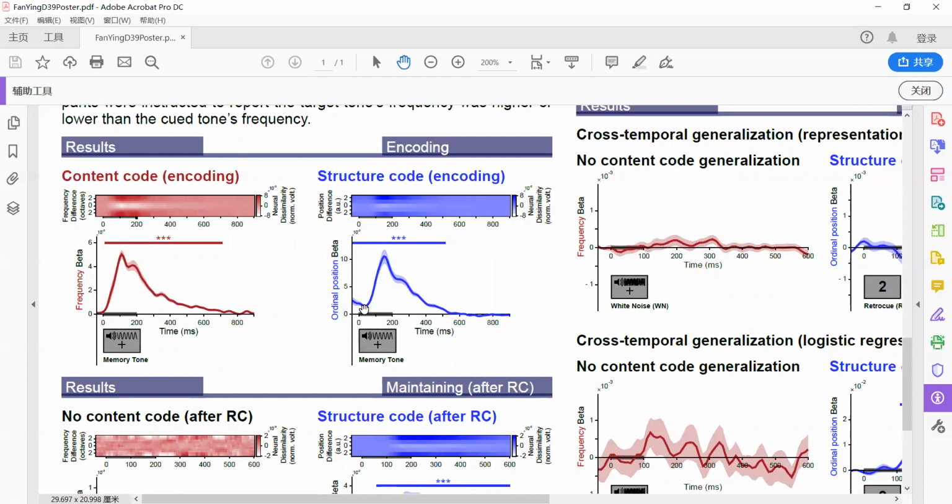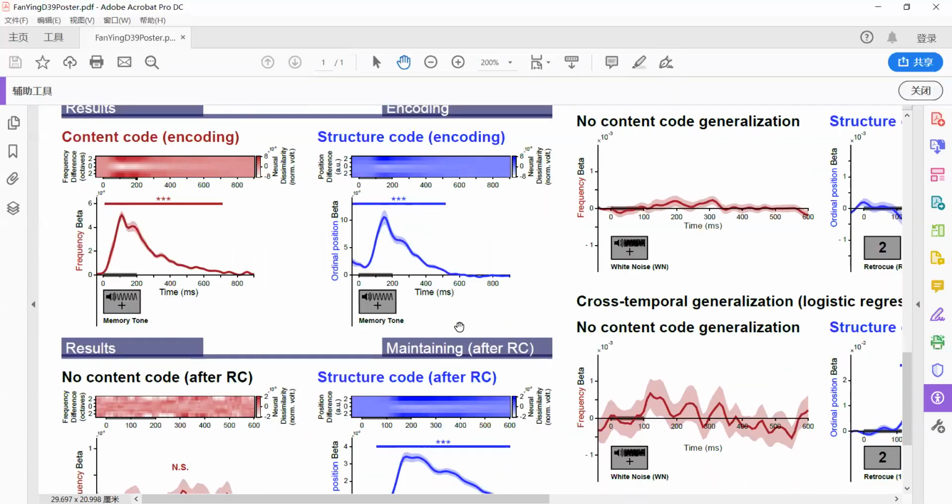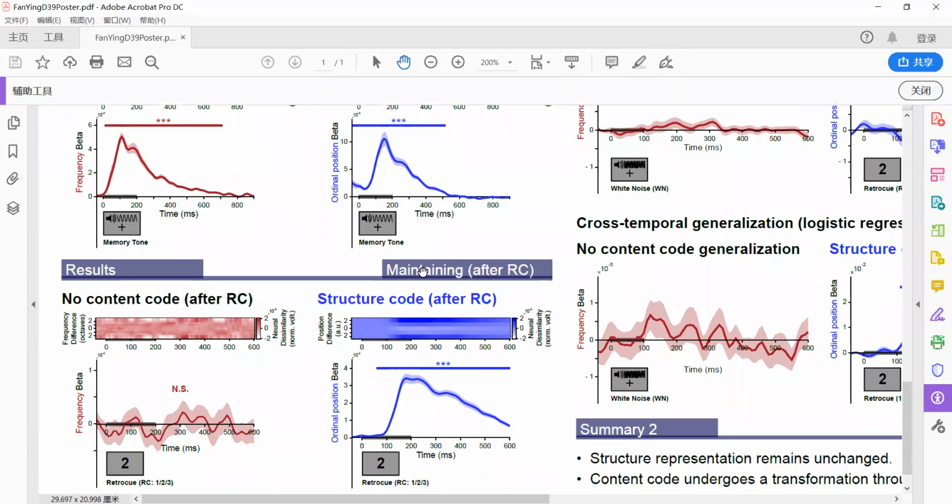In addition, we conducted the decoding of content and structure code independently of each other. So we can see these two codes, the content code and structure code, are represented in a factorized way in the brain during the encoding period.